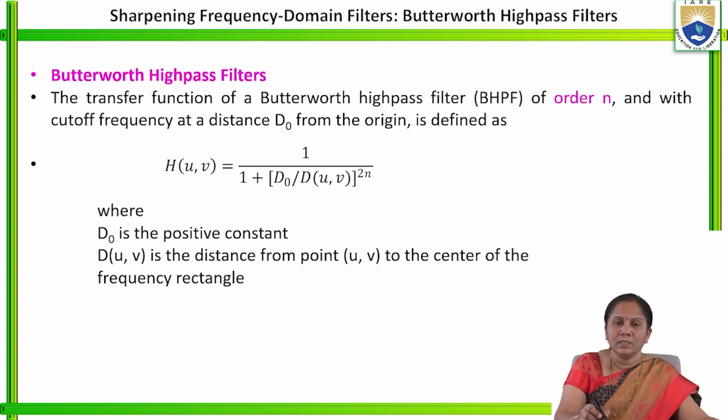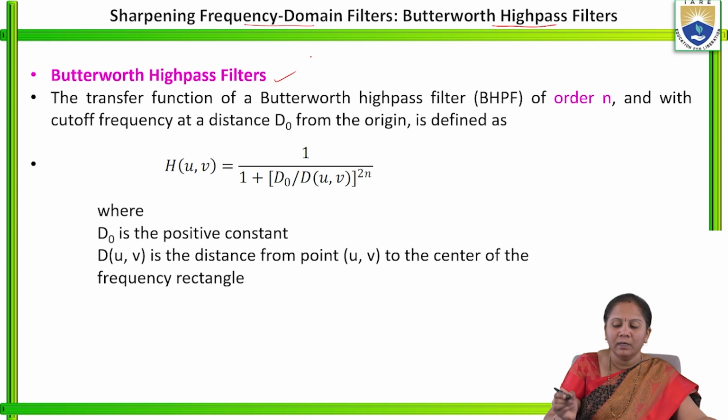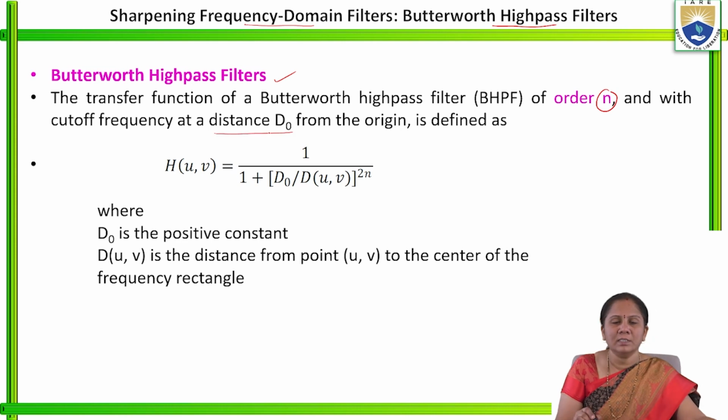And the second classification of sharpening frequency domain filters is the Butterworth high pass filter. Here, this Butterworth high pass filter is dependent on the order of the filter, which is represented as n, with the cutoff frequency at distance D naught from the origin.